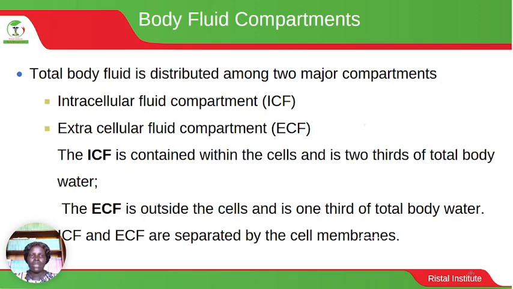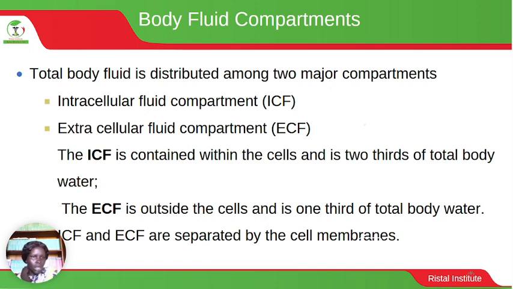Body fluid compartments. The total body fluid is distributed among two major compartments, and those are the intracellular and the extracellular fluid compartments. The intracellular fluid compartment is contained within the cells, as you can hear from the word intracellular. It is 2/3 of total body water.